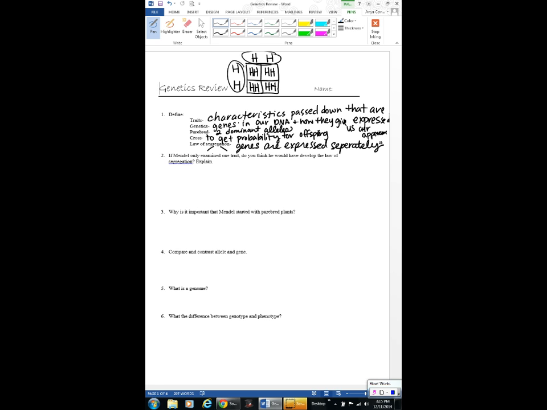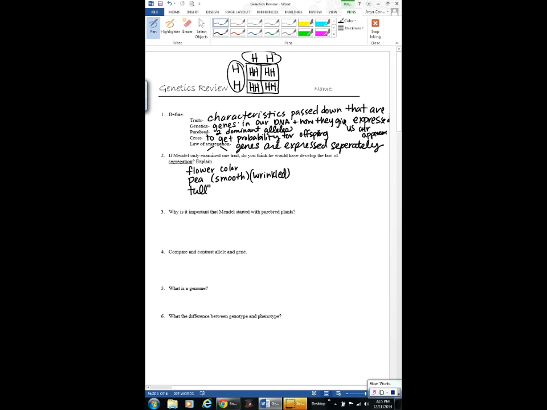Okay, if Mendel only examined one trait, do you think he would have developed the law of segregation? Okay, so we know that Mendel looked at a lot of different things. He was looking at flower color, and he was also looking at the peas, if they were smooth or wrinkled. He was also looking at the height of the plant, how tall it was.